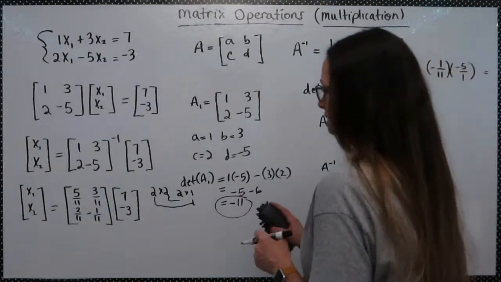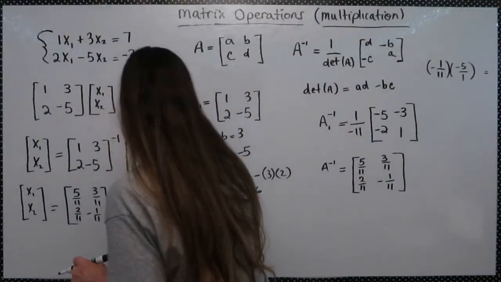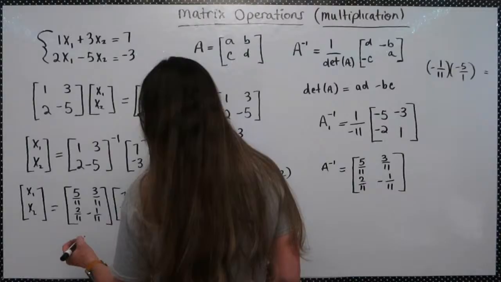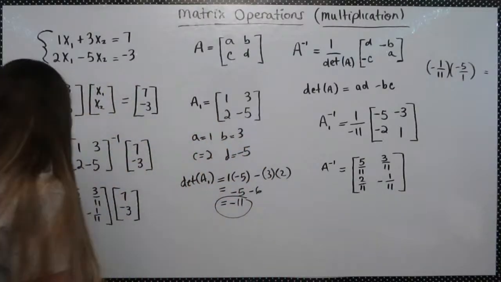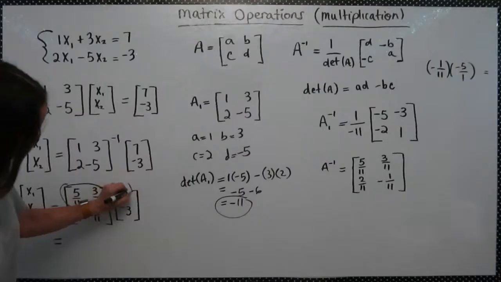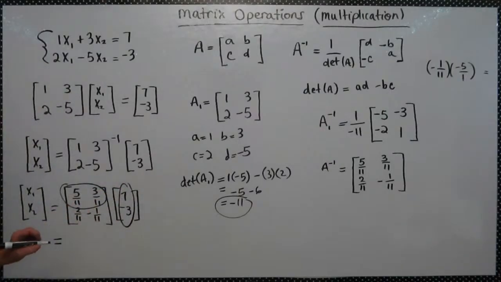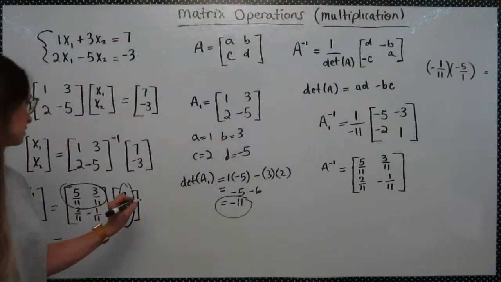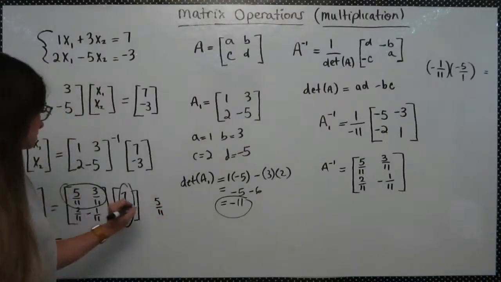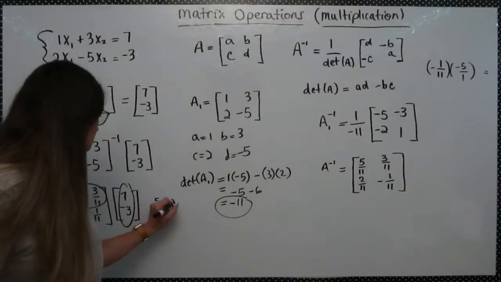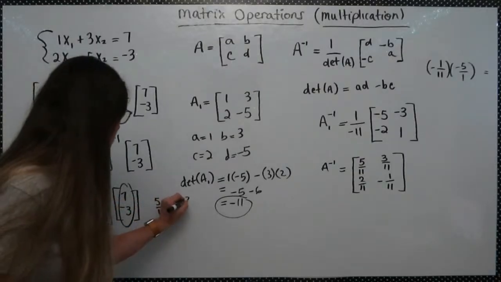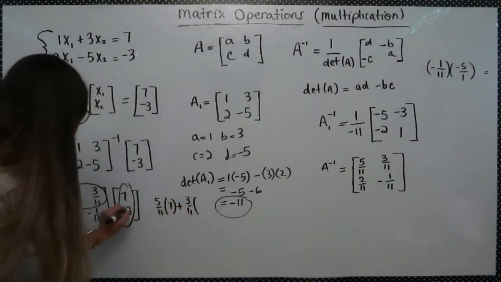I'm going to go ahead and get this out of the way because I'm just going to put it right here. So we've got this row times this column. So 5 over 11 times 7 plus 3 over 11 times negative 3.